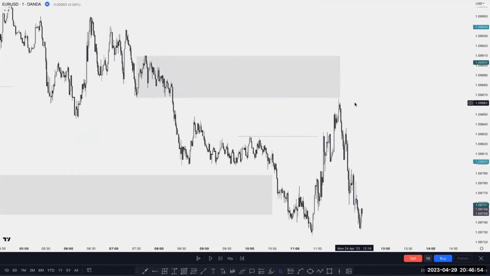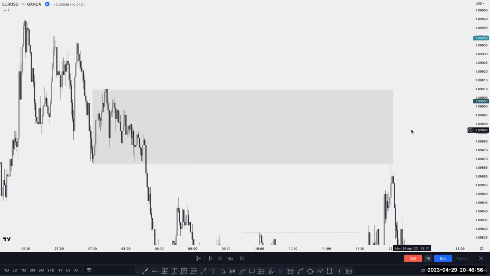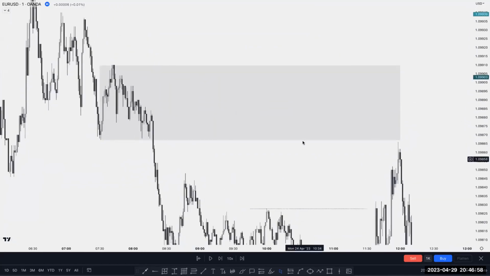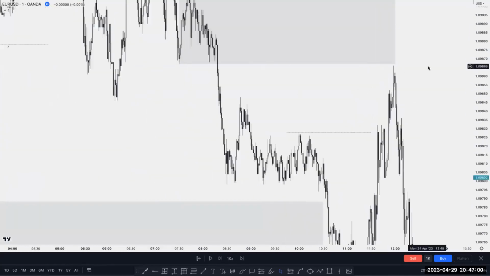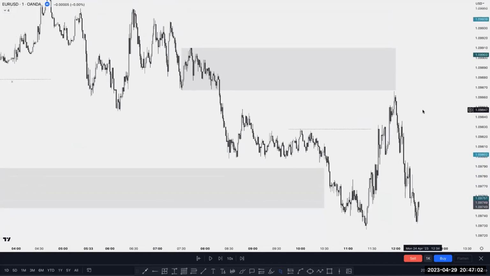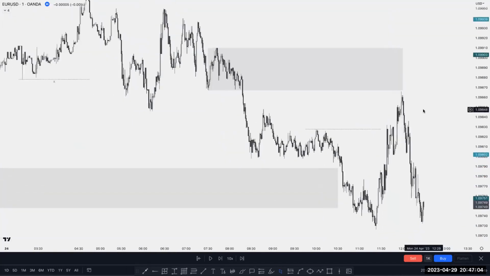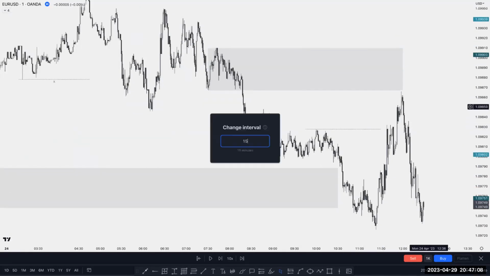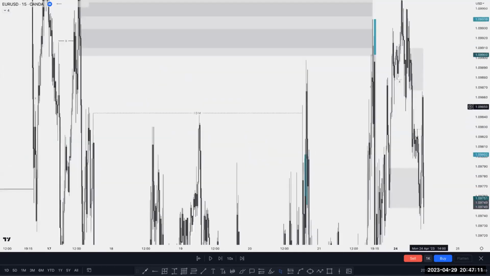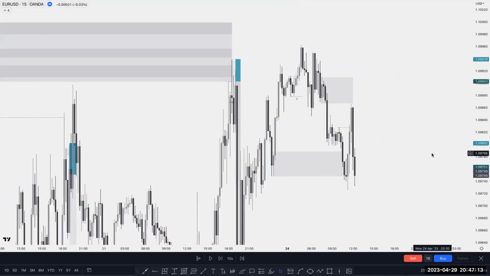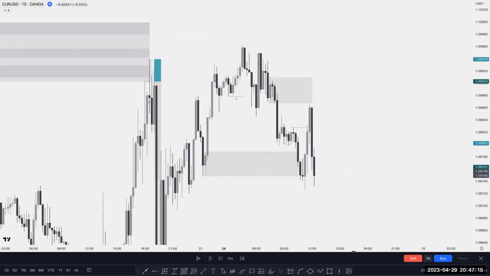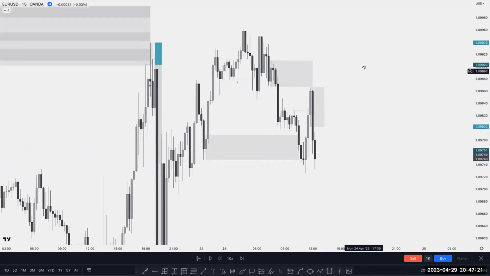I think this one is not mitigated here. Let me check here. Yes, sir. This is not mitigated here. Okay, so that's why this is not much high probability if market taps here or market creates a 15-minute single candle order block here. So let's see. This one, right?